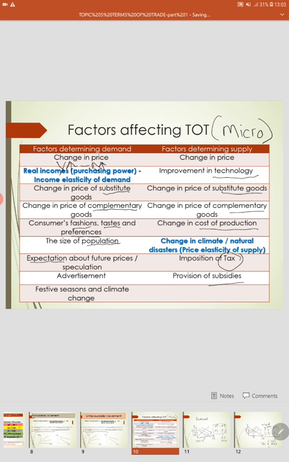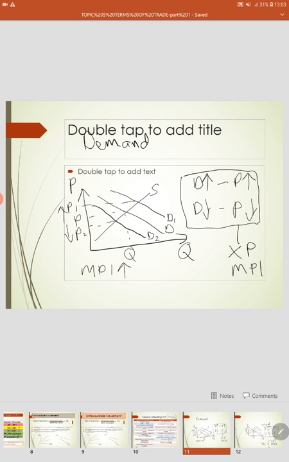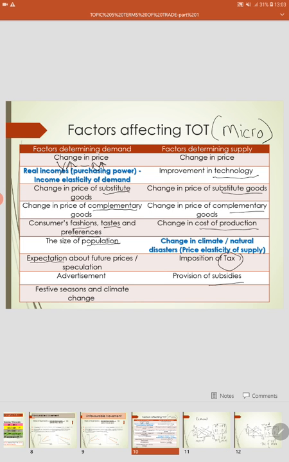Okay, why the prices have increased or decreased and how it affects your terms of trade finally. Yeah? Okay, so that's all for today's section. We have covered micro factors that affect TOT. On next lesson we will be looking at macro, that means in a bigger picture how it affects our terms of trade. Thank you.